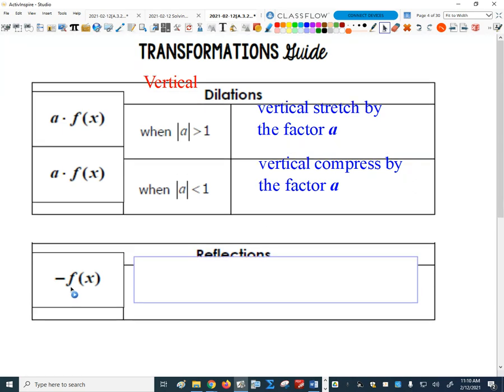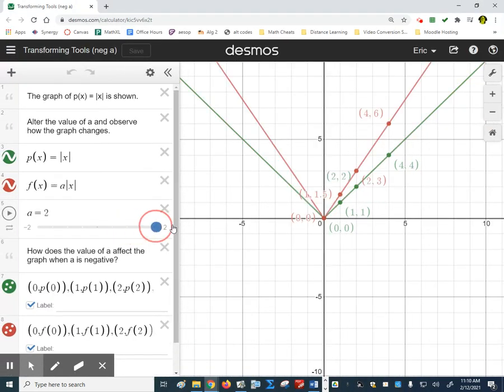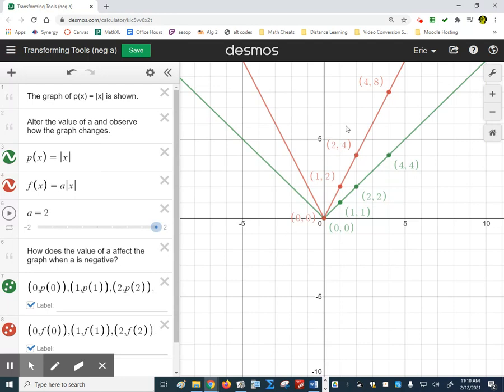Now, what's going to happen if a is negative? Let's check that out. Okay, so if a is 2, we already saw that stretched it up by a factor, it multiplied all the heights by 2. Make a prediction for me. What do you think is going to happen if a is equal to, how about -1? How is that going to impact the parent function if I multiply the parent function by a vertical dilation factor of -1?